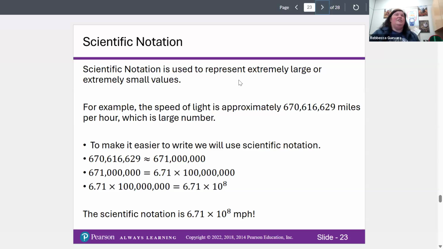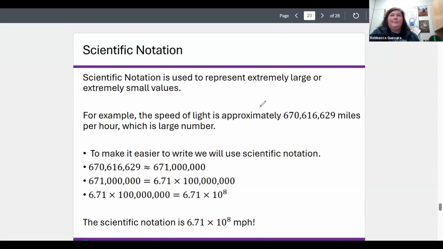So scientific notation is used to express extremely large or extremely small numbers. For example, the speed of light is approximately 670,616,629 miles per hour, which is a very large number. So what we'd like to do, we're going to take that number, and we know there's a decimal place here, right?